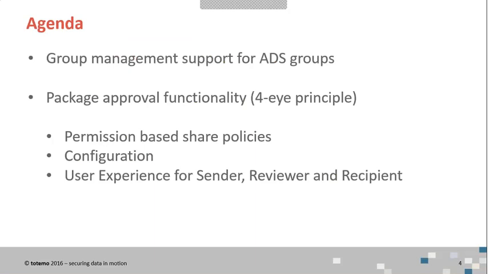Then the second point, based on this group management support, is the so-called 4i principle functionality, which allows users to approve package transmissions that were created using totemodata. Then I'll go into the configuration, how it actually looks like for the sender, reviewer, and recipient via user experience.